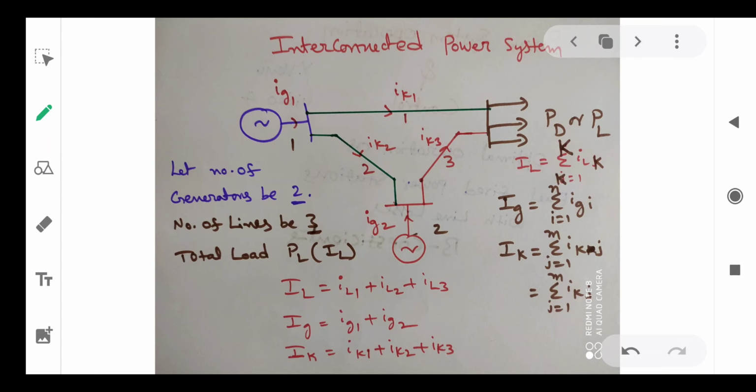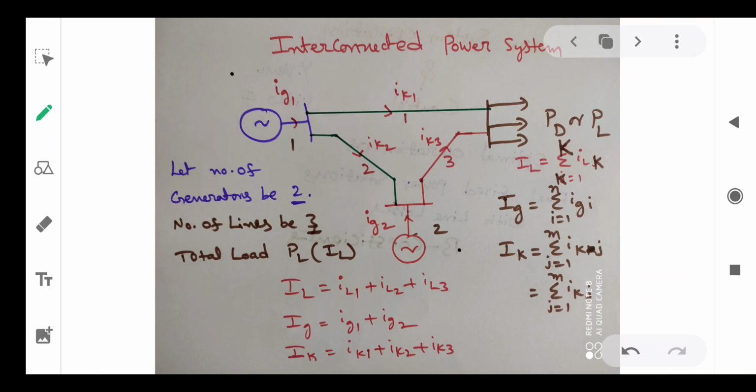Let us consider a 3-bus system in which two generators, generator 1 and 2, meet the load. PL is the load. IK1, IK2, IK3 are the currents through the transmission lines. There are 3 lines between generating stations and load centers, each carrying current IK1, IK2, IK3 respectively.